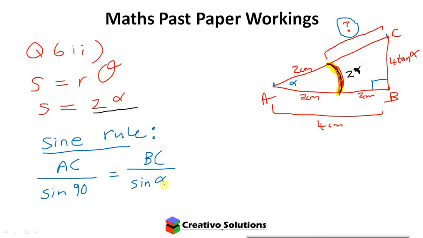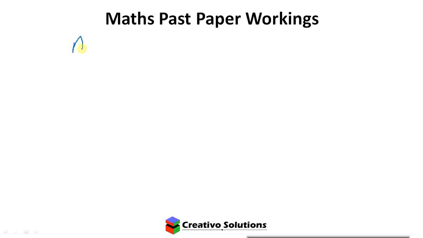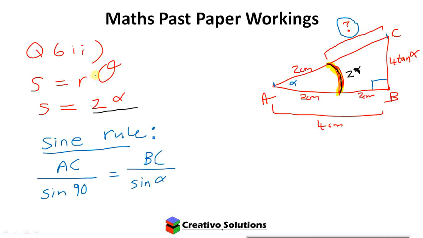There's the application of sine rule: the relationship of a side with its opposite angle. Now we need to simplify, so plug in those values. AC is unknown, so AC stays AC. Sine 90 is a number. On your calculator, type in sine 90, it should be 1.